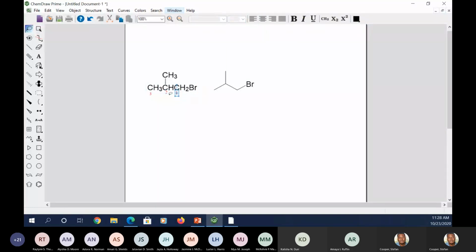This is my carbon 1, this is my carbon 2, and this is my carbon 3 right there, right?